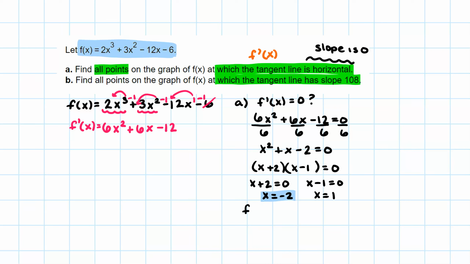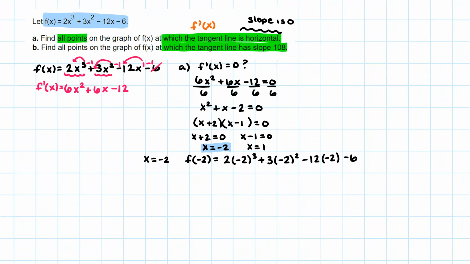So I'm going to find f of -2, which will be 2 times -2 cubed plus 3 times -2 squared minus 12 times -2 minus 6. So when x equals -2, let's find the y that goes with it.